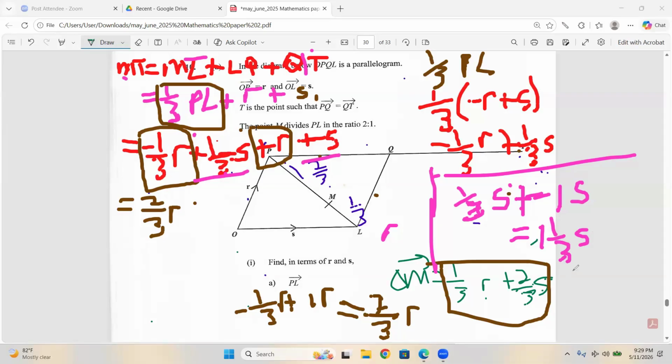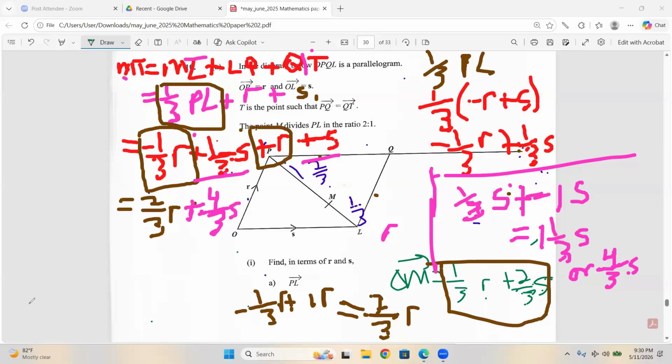I think I prefer to write it as an improper fraction. If I need to change it back, I'll change it back. But 1/3 is 3 and 1 is 4/3. So 4/3 S. Okay.